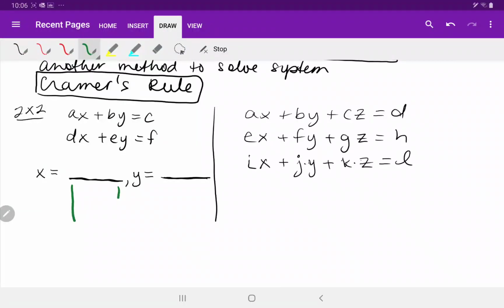The bottom determinant of Cramer's rule is the coefficients of the variables. So a, d, b, e.